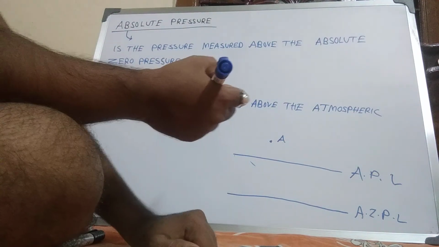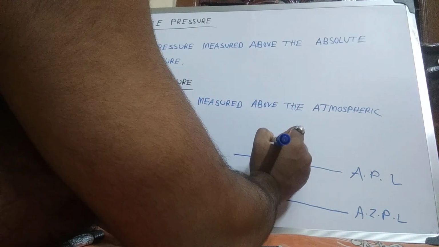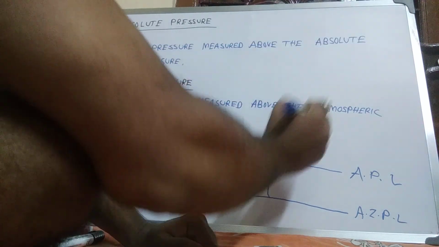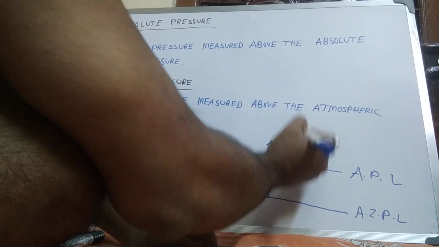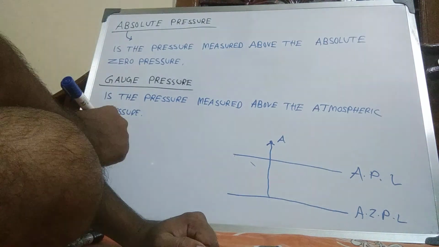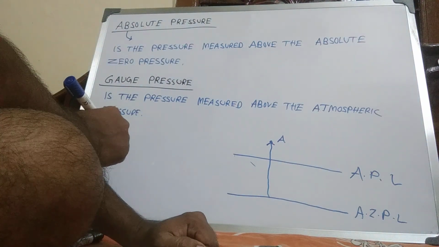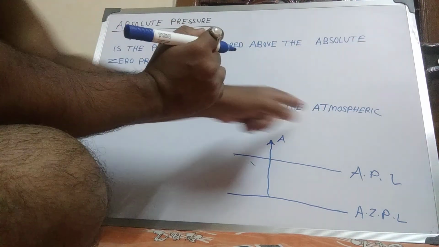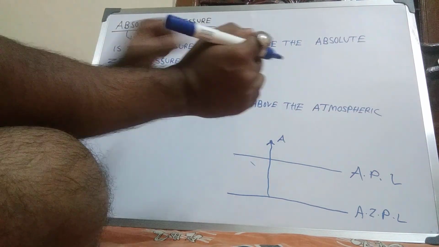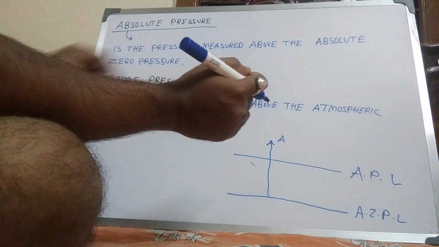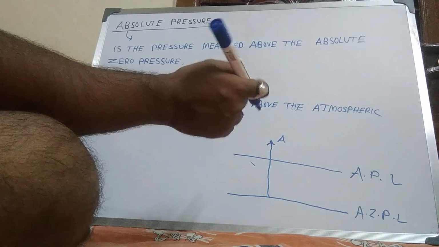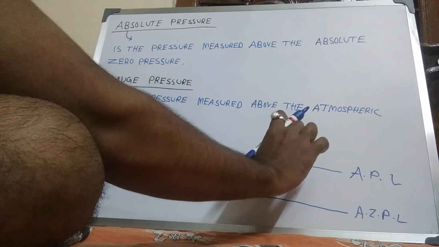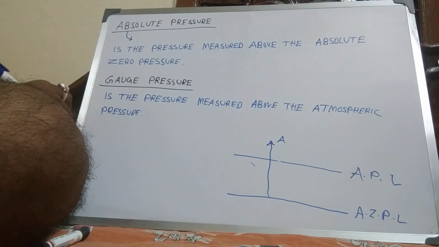Suppose there is a point A. Measured from absolute zero pressure, this distance is the absolute pressure. But when measured from the atmospheric pressure line, this is the gauge pressure. Understand?